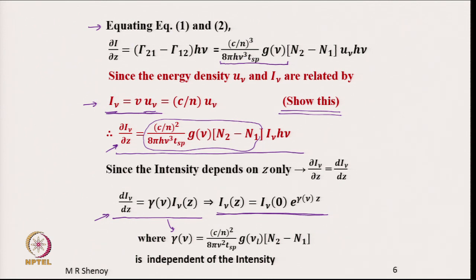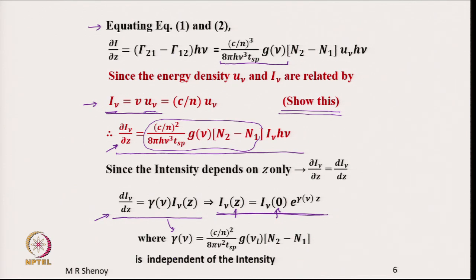What it means is the intensity at any value of z in the medium is equal to the input intensity I_ν(0), here z equal to 0, into e to the power of γ(ν) into z, where γ(ν) is given by this expression and is independent of the intensity.